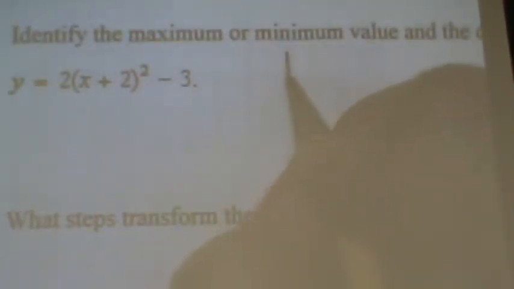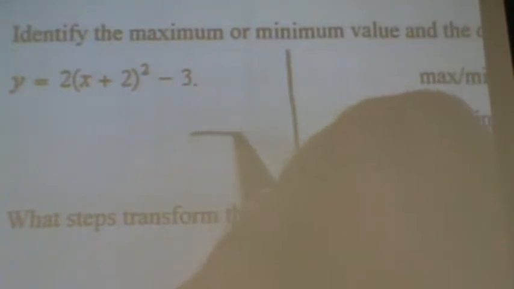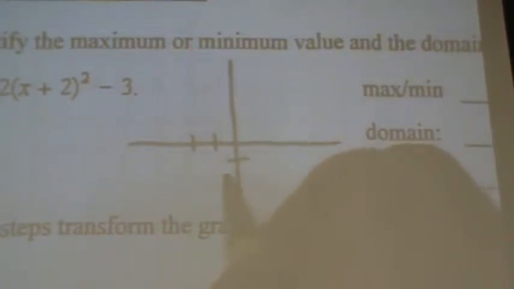Next one. Now we're talking about domain and range and max and min. What is the axis of symmetry? X equals -2 and the vertex is -3. So if you were to graph this, we're gonna go 2 to the left, right? And then down 3. Right there.